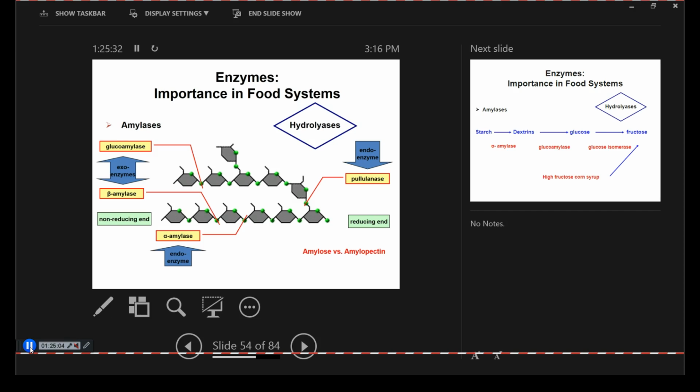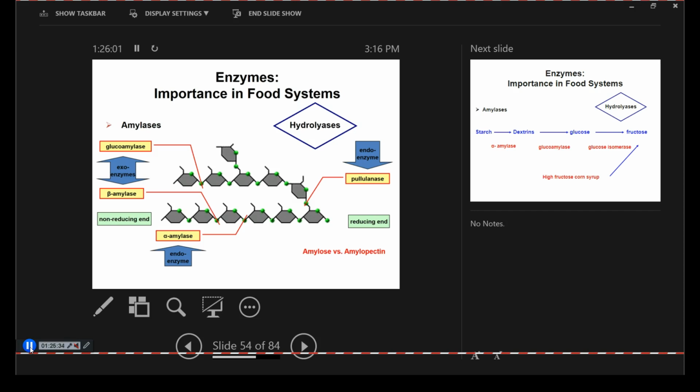Glucoamylase is an exoenzyme. That means it breaks one glucose unit at a time from the terminal. And beta amylase is also an exoenzyme. However, it cuts 2 units at a time from the terminal ends, and because it cuts 2, it produces maltose.